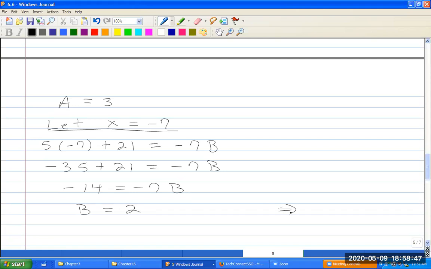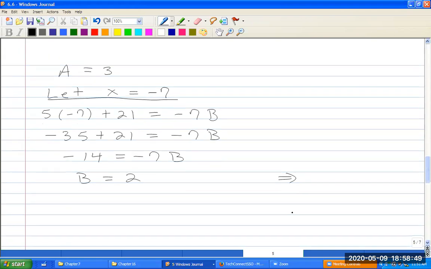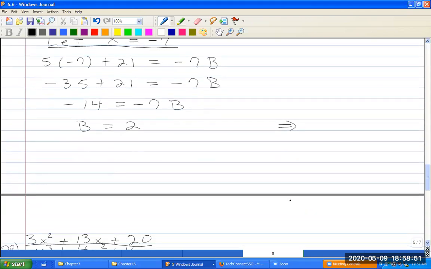Therefore, my partial fraction decomposition is as follows. 5x plus 21 over x plus 7 is equal to a over x plus b over x plus 7.